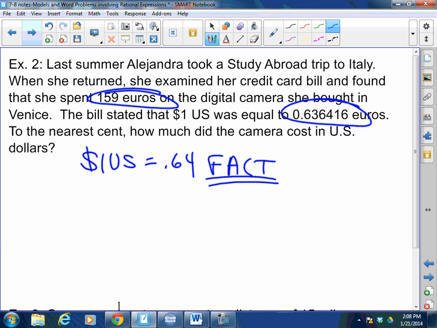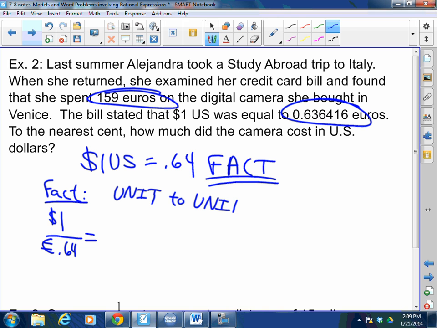Well, please set it up always like this, guys. That's why I love ratios, because I figured out a nice, easy way. You put your fact ratio here. The fact is that $1 equals 0.64 cents of euros. Now, remember this, guys: unit to unit. What was I given, dollars or euros to convert?